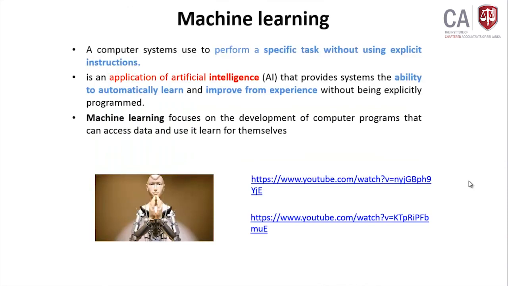Machine learning is enabling a computer system to perform a specific task without using explicit instructions. It is an application of artificial intelligence, the ability to automatically learn and improve from experience. So, let us say there is a robot. If you go to this video, you can see there is a robot.